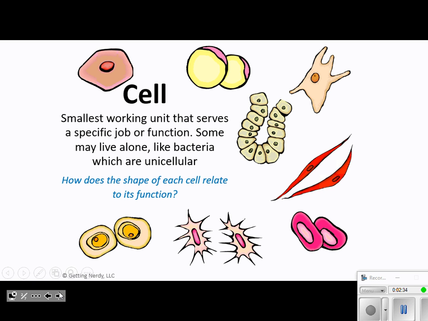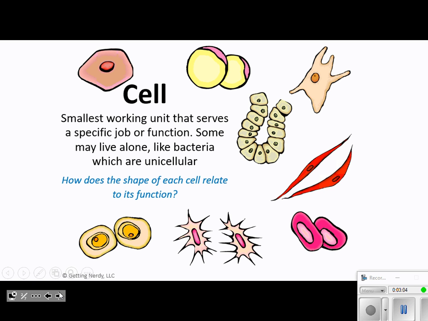What do you have for unicellular? Breaking it down. Anybody know what uni is? We haven't talked about that yet. One. Uni is one. One cell. So unicellular is one cell.